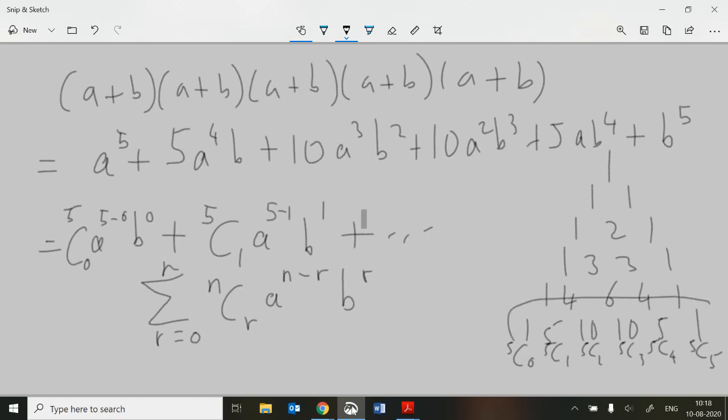So, for example, on the 5th row, we have 6 terms. Okay, I call that the 5th row. The book calls it the 5th row as well, but strictly it's the 6th row, isn't it? Because that's your first row. The row with 5 in. And of course, you can see that you get 6 terms out here from the expansion of 5 brackets. So we're getting n plus 1 terms from 0 up to n.